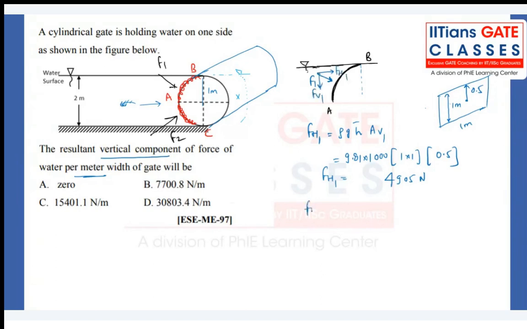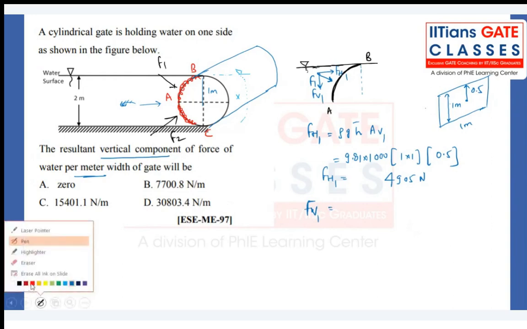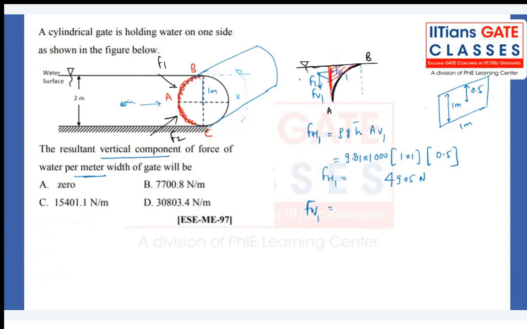What about my FV1? The volume above the curved surface up to the free surface. This is the volume we have to take, the red color which I have marked. So how can we calculate? First, we can take the complete picture and consider it like a rectangle, 1 into 1. Width will be 1 minus this particular quarter circle area, right?